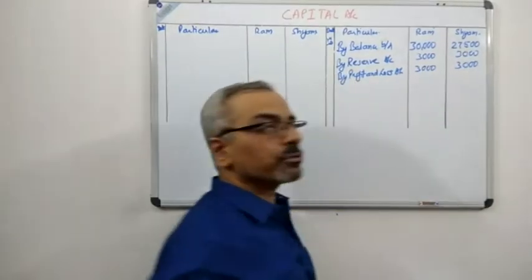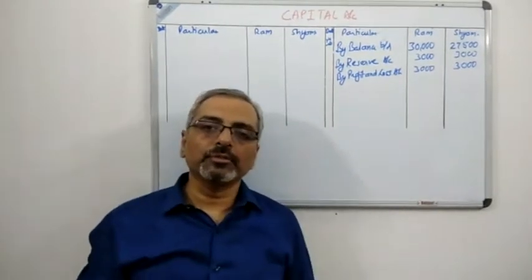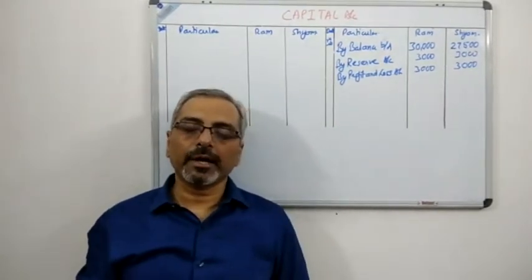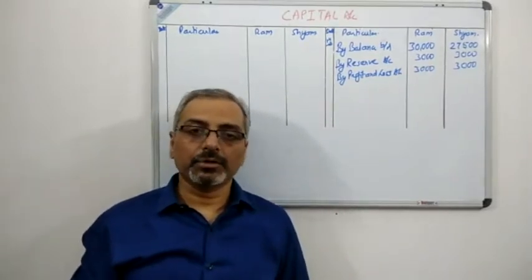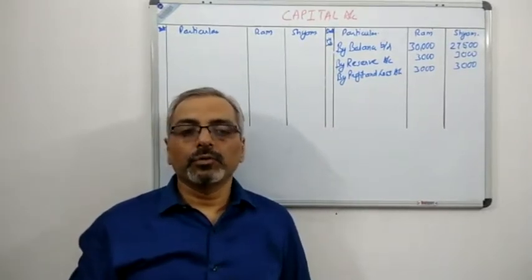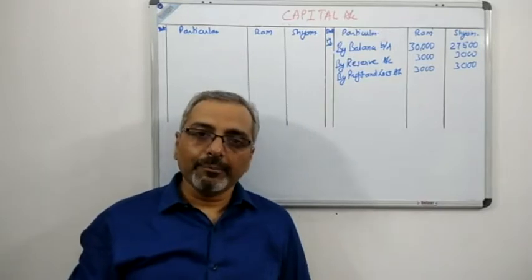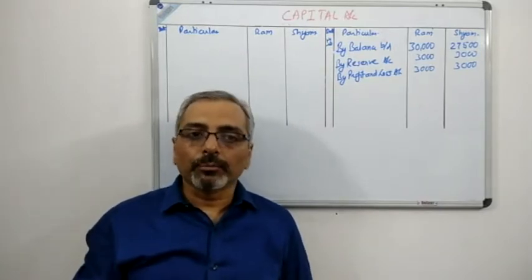Apart from that, there was also the goodwill of the firm which is given to us on the date of retirement as 10,000. If the goodwill of the firm on the date of retirement is 10,000, individual partners will have a goodwill of 5,000 and the retiring partner will receive the goodwill from the continuing partner.